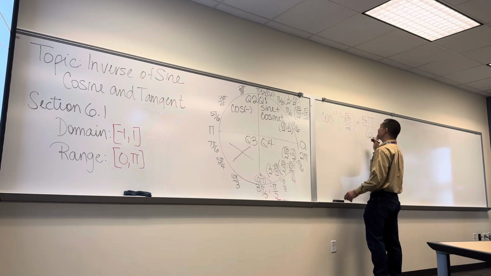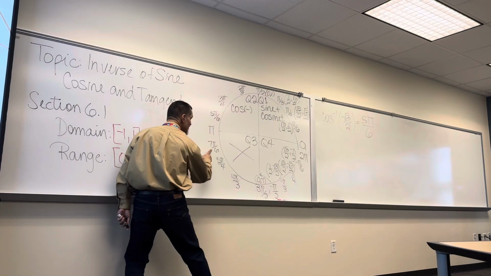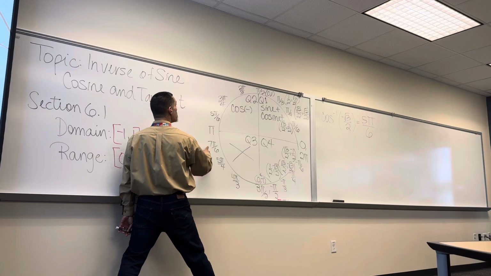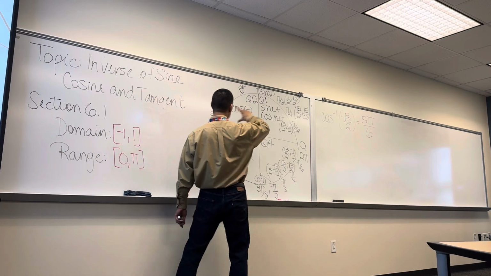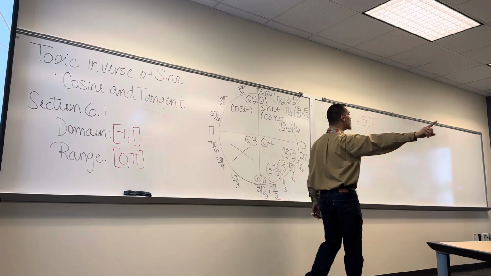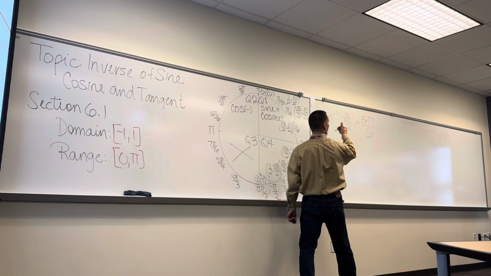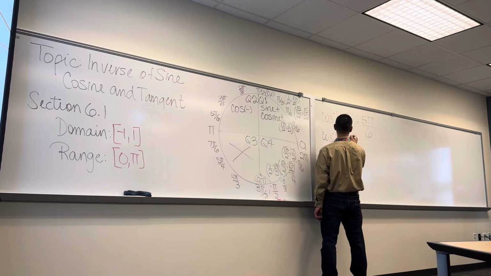We know that for the normal circle, the value for cos in this place is negative square root of 3 over 2. But this place is not welcome for the values for cos inverse. The only place is 5 pi over 6. Did you get it? Cos inverse of 0. Where are we?